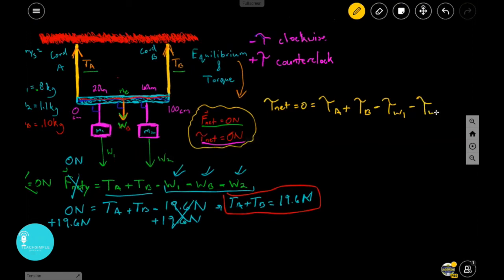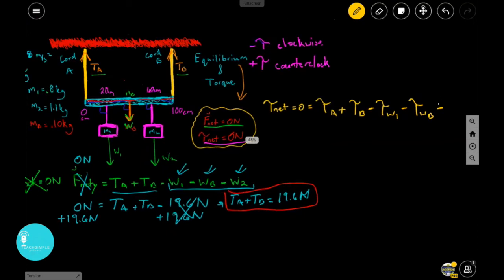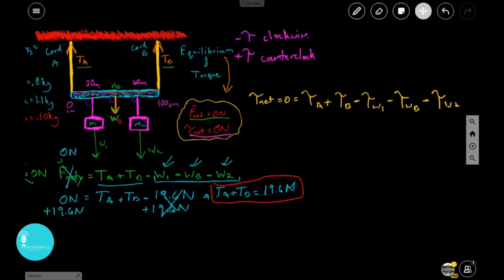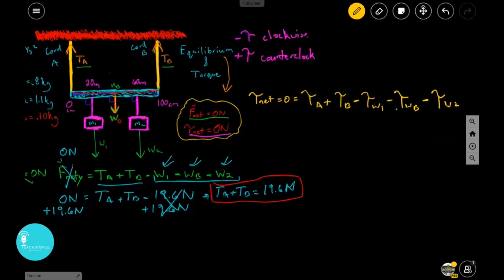And then we have the torque from the weight 2. Okay, so now we can calculate the torque and see if we can get another equation like we did here.